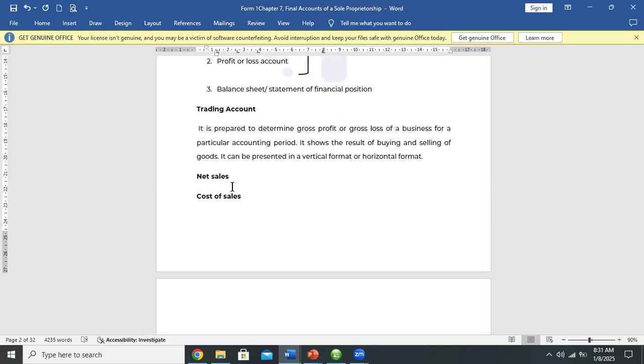Okay. So the point I'm making is that your net sales is your total sales minus or less return inwards. And I gave an example that if you sell 500 shoes, and one shoe is 10 cedis, that will mean you get a total of 5,000 cedis, right?